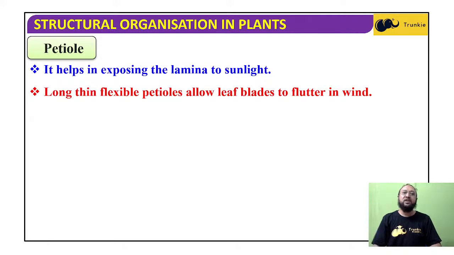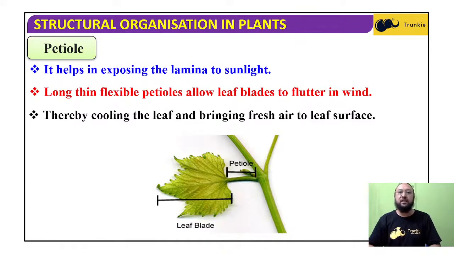Long, thin, flexible petioles allow leaf blades to flutter and bend. If it is very hard, it would be very difficult, so a little movement is also allowed by this long, thin petiole, thereby cooling the leaf and bringing fresh air to the leaf surface.